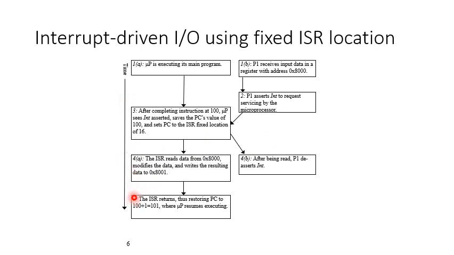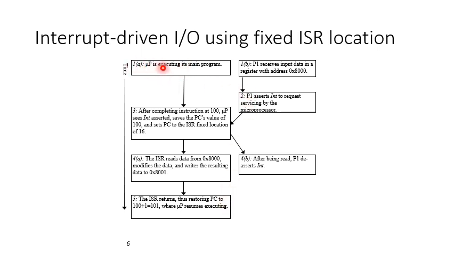These are usually called the cycles, that is, how many cycles are required to process the request of the peripherals. As I've told you, we usually call it interrupt driven IO, and the other one is polling. Here we are going to discuss how interrupt driven IO works in the case of fixed ISR location.